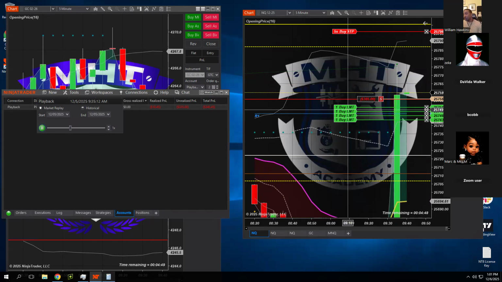But once it closed there, you could have bought the market right here too, and you could have made a quick $200. So closing above that level still worked. But because the overnight high is a strong level, I knew it was going to bounce down a little bit before it continued up. But that closure above it, you still could have bought and made plenty of money.